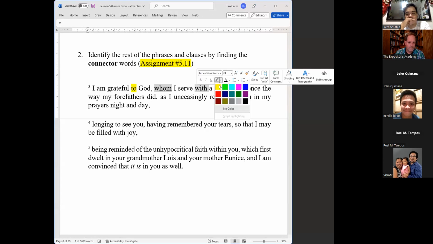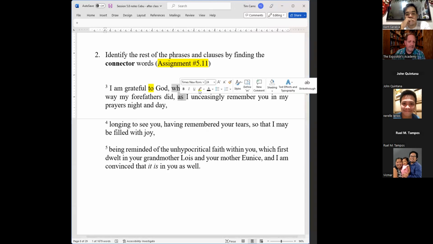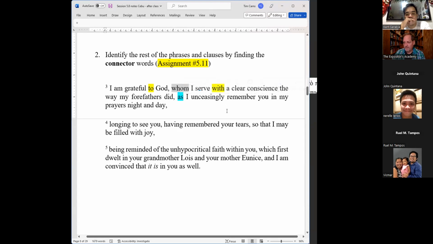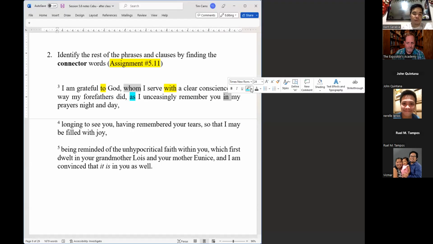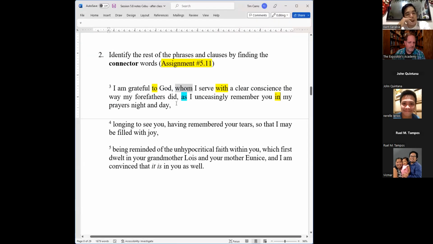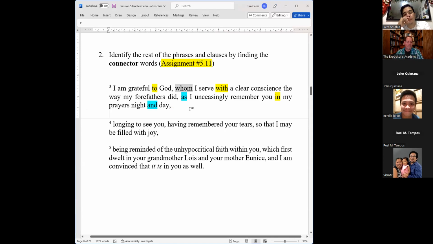What kind of connector word? Preposition. Any more? "As." Yes, actually, "as" is a connector word here. Conjunction. Any more? "In." Preposition. And then "and," that is a conjunction. Good. That's all of them. Good job.